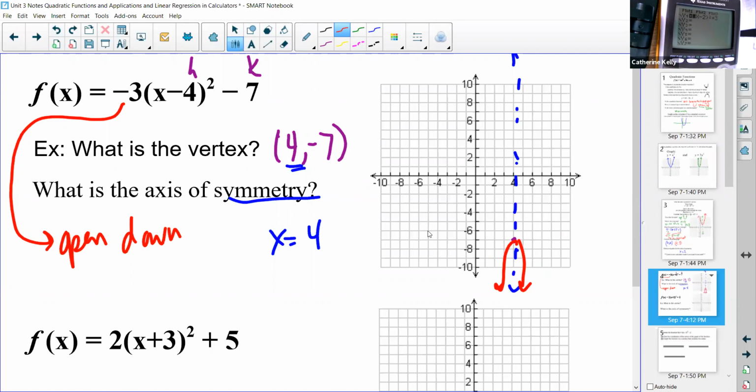So let's check that on our graph. If we go y equals, and we say -3, parentheses, x minus 4, parentheses, squared, minus 7, and we go graph. Oh no, what did I do wrong? Hold that thought.